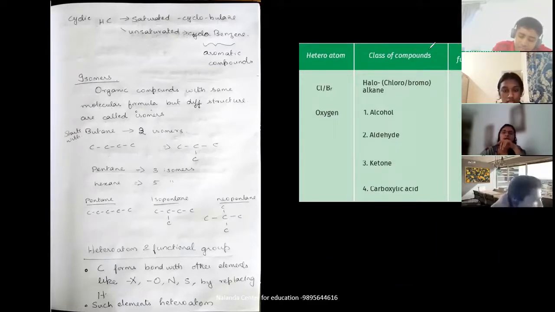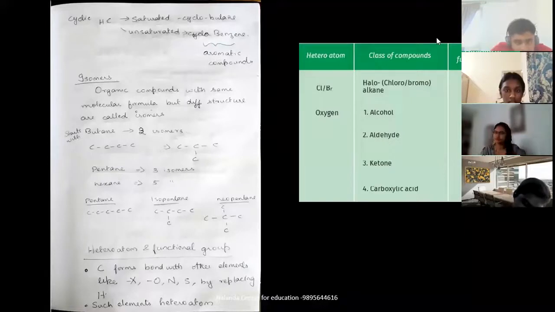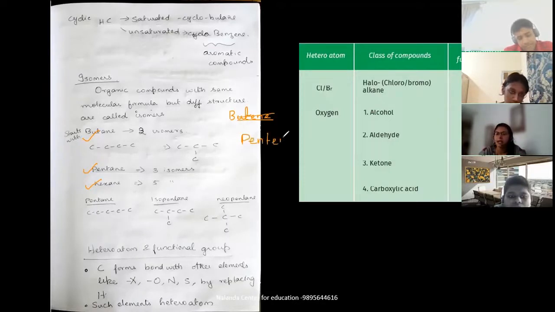Now coming to the next topic, which is isomers. Isomers are organic compounds with the same molecular formula but different structure. You have to study the most important questions, which can come as the isomers of butane, pentane, hexane, and sometimes pentene or pentyne can come, but very few.